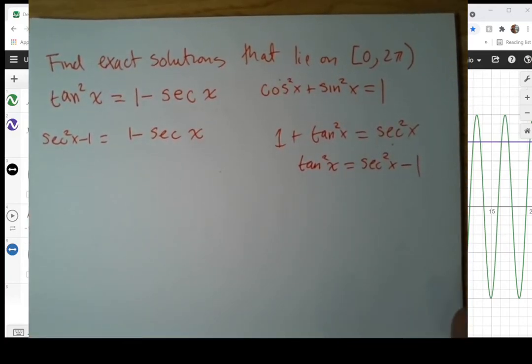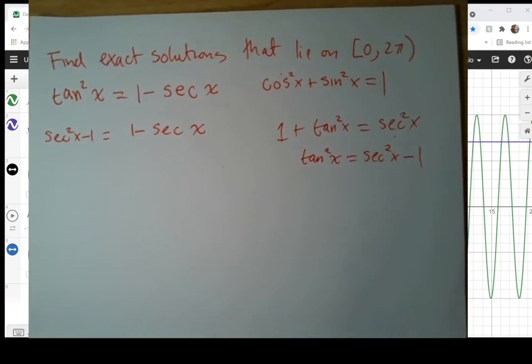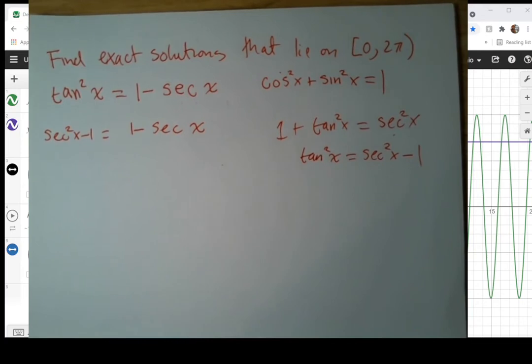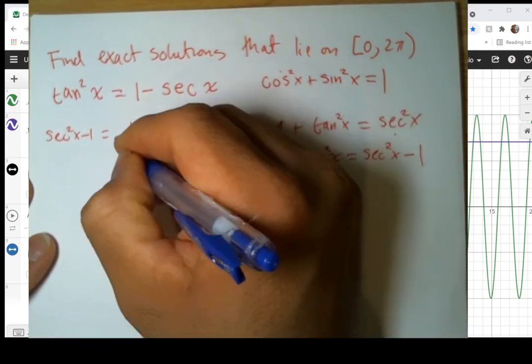Before I divide anything out, I'm going to set this equal to 0 and take it from there. So I'll start by adding secant of x and subtracting 1.